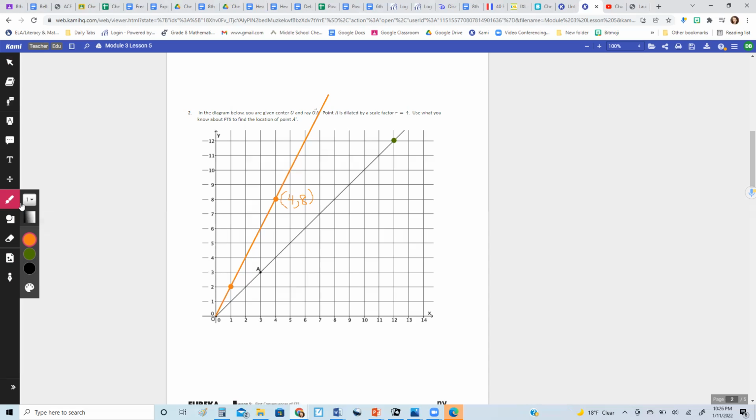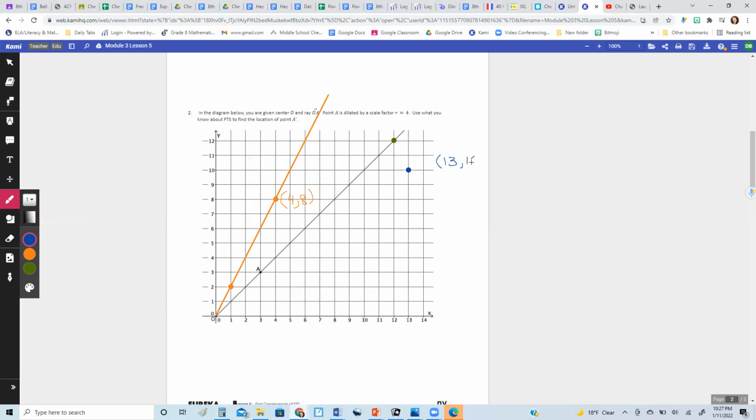This is where this becomes handy. Let's say I want to do this point right here, the point 13, 10. So here's my point 13, 10, and R equals 4.